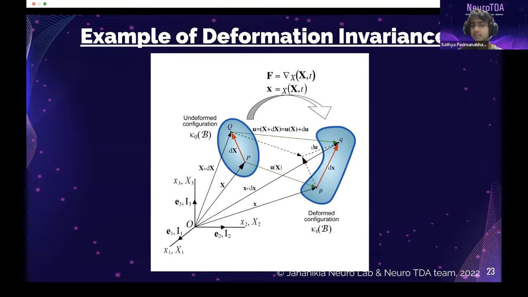So we're using something similar to u substitution here in order to change that original oval-looking shape to something a little more deformed, but we can still keep track of that original oval shape because we know the mathematical steps we took to get to that deformed version. So by using deformation invariance, we are keeping track of that original shape so we don't lose it in the process of using TDA.